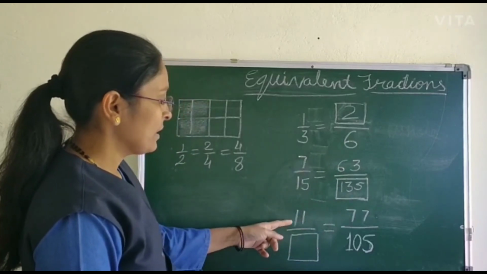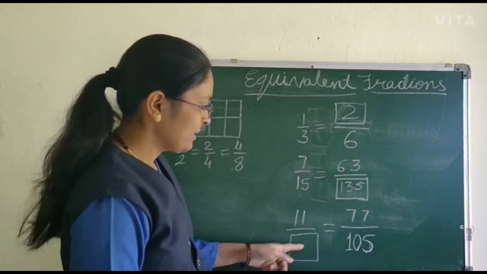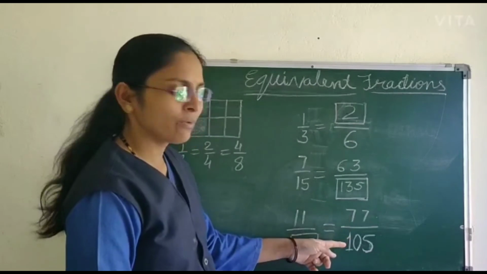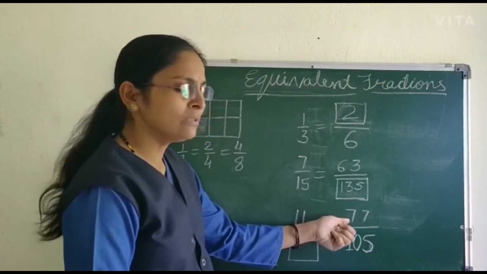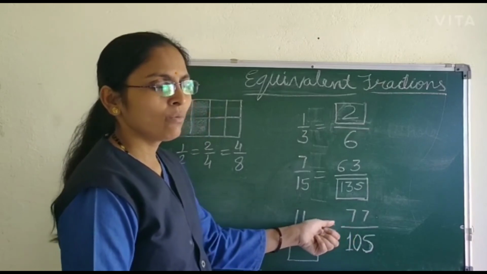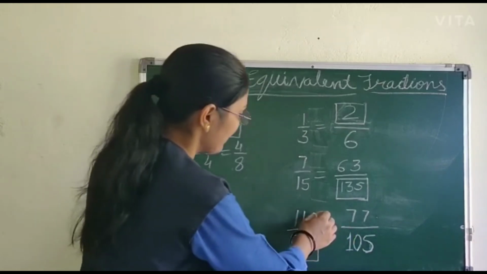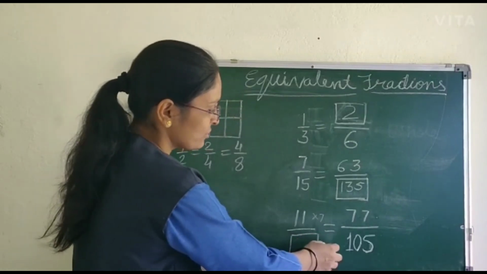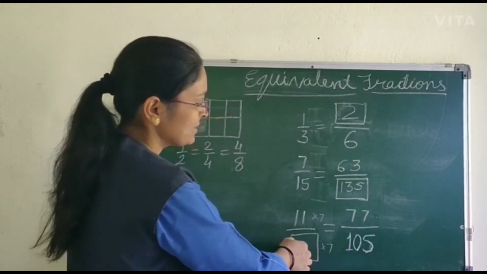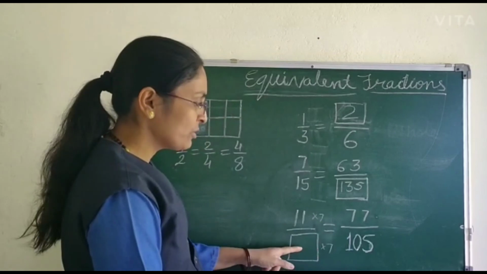Now look here. 11 upon blank is equal to 77 upon 105. To convert 11 into 77, what to do? Multiply by 7. So we have to multiply this number by 7, but we don't know this number.